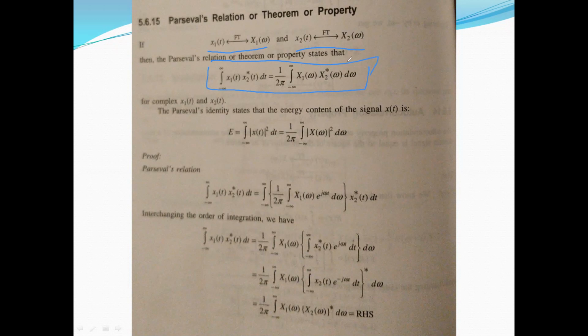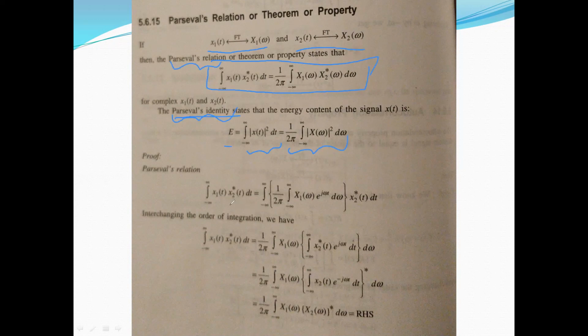According to the Parseval identity, the energy content of a signal x of t is equal to 1 by 2 pi times the integration of mod x omega square d omega. This is Parseval relation or theorem, and the second one is Parseval identity.